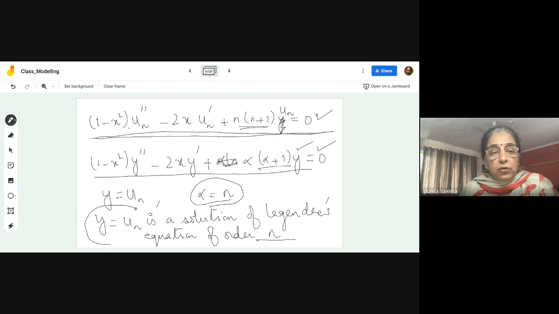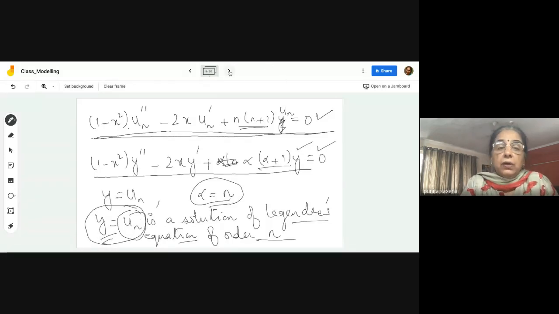So if y equal to un is a solution of Legendre's equation, and we have already proved that Legendre's equation has a power series solution, so definitely this un is also a power series solution. This y is nothing but a power series.